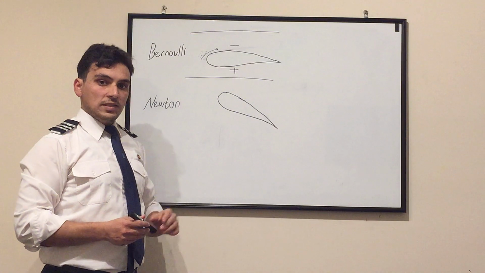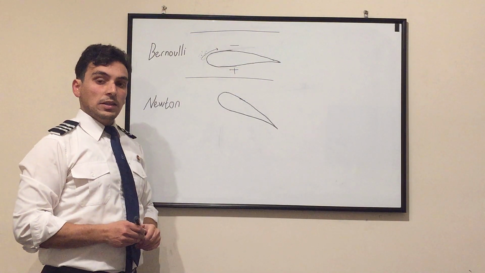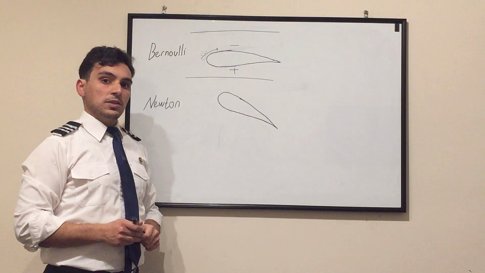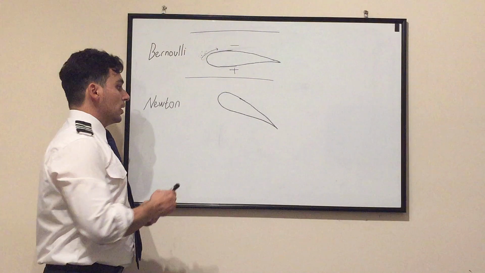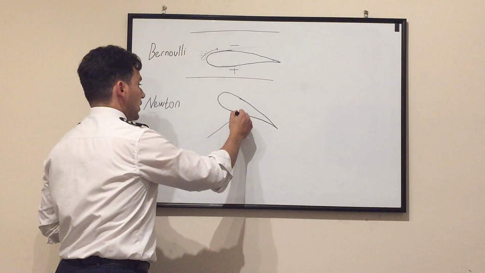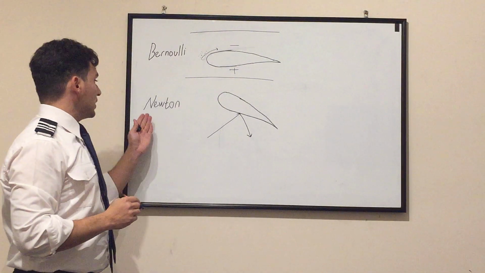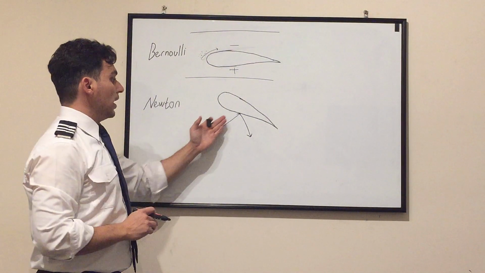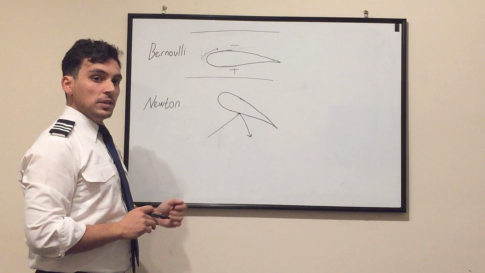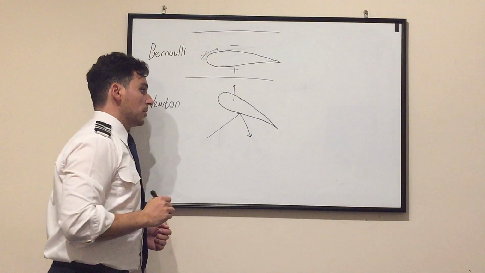Basically, when we go faster and faster, this differential pressure will increase and our lifting force will increase. The second thing is Newton's law. When wind strikes and bounces down, Newton says that for any action, there will be an opposite and equal reaction to this force.